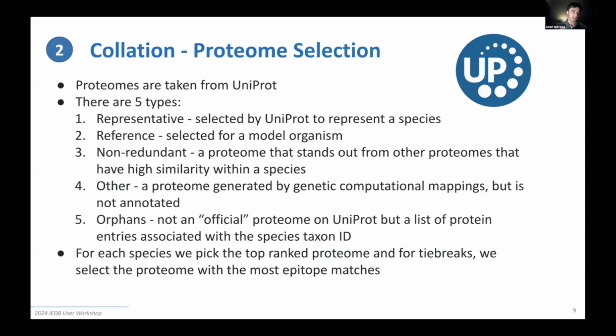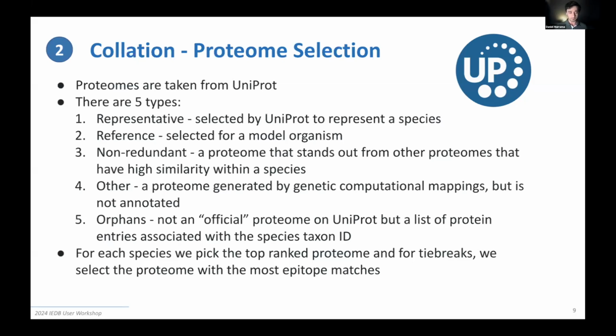For each species, we go through the list of each type and see if each proteome type is there for that species, and we select the best one. And if there are ties, then we search all the epitopes for that species and select the proteome that has the most matches for all of the epitopes.